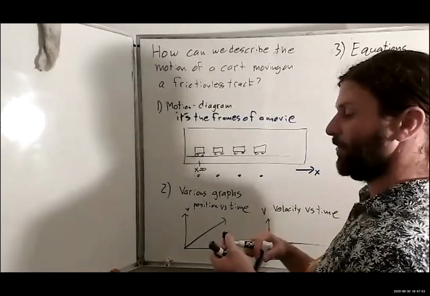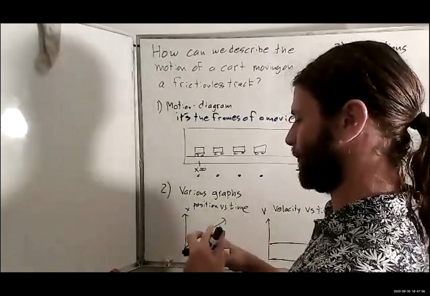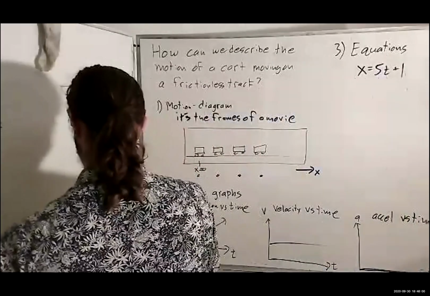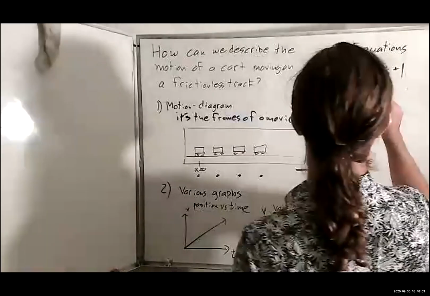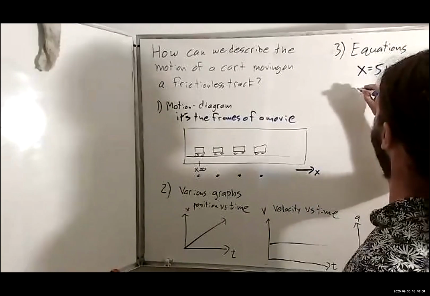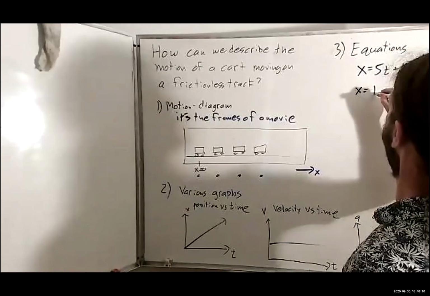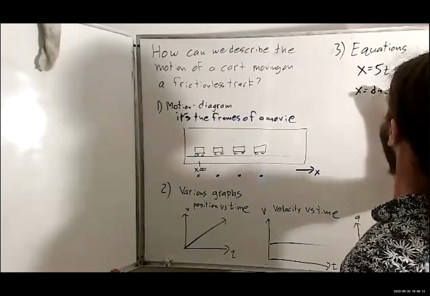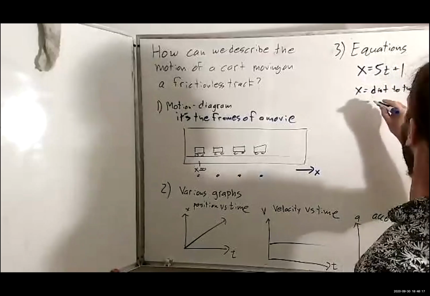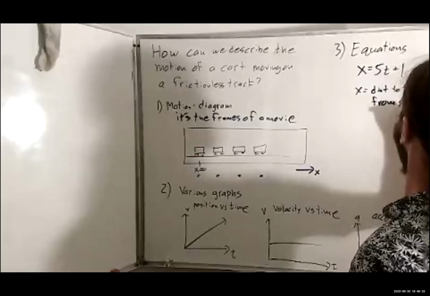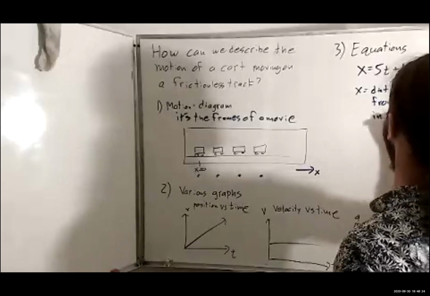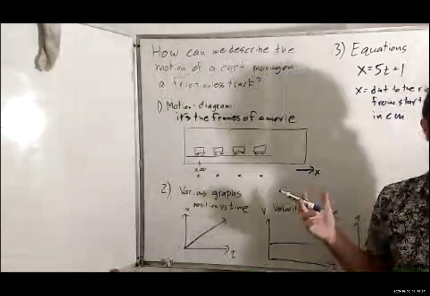Now, I do want to mention this about equations. You have to say what these variables are. x is distance to the right from start point, in centimeters, let's say.